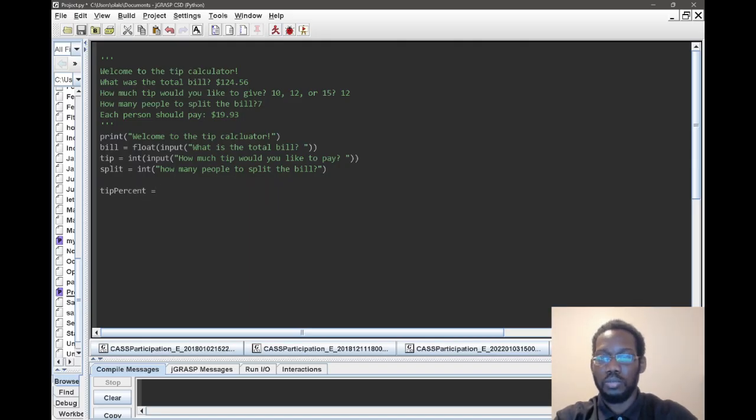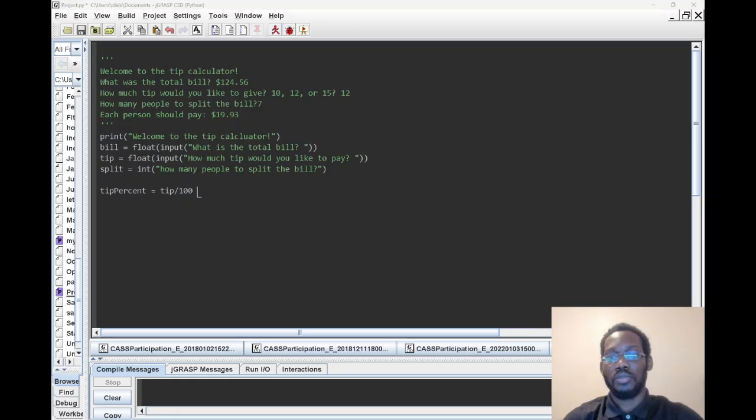That would be the tip divided by 100. Let's make that a float because this value results in a number with a decimal. So the tip in percent form is tip divided by 100.